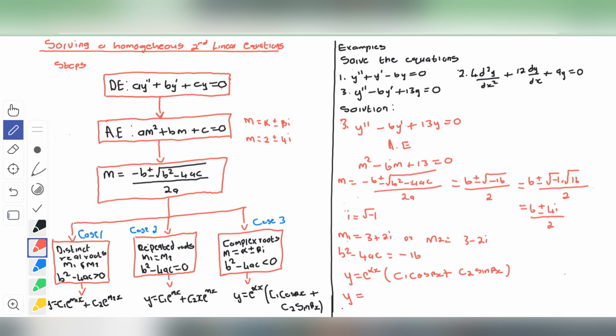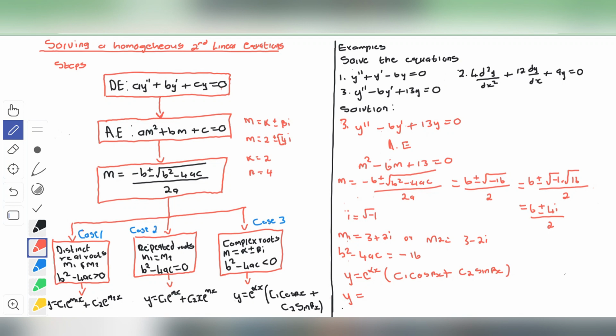So this 2 is alpha, and this 4 here is beta. I know there'll be those who say, but we have positive and negative. Okay guys, we only focus on the coefficient of i, which is 4. We forget about the negative sign. We only take 4 the way it is. So for here, alpha is equal to 2 and beta is equal to 4. We don't care about this negative, we just take it the way it is.